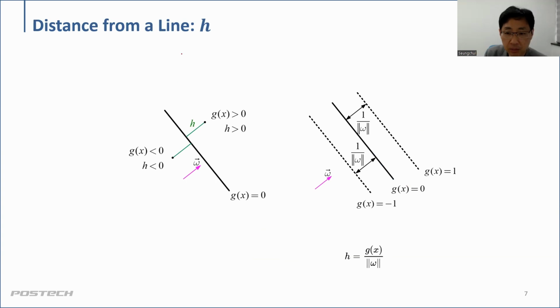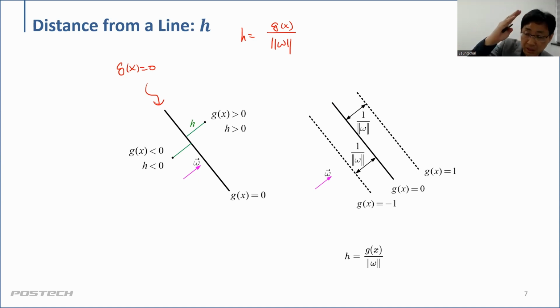Let me think. We know that h is g of x divided by the norm of omega, and g of x is equal to 0 for all the data points on the straight line. What do you think?